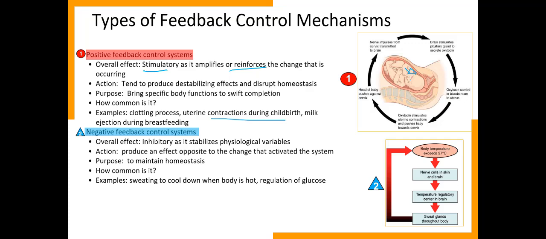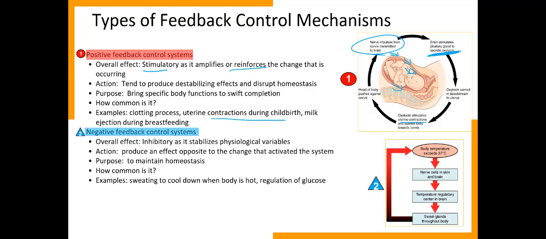As the baby's head moves down, it sends a signal to the brain from the cervix, and the brain then stimulates the posterior pituitary gland to secrete a hormone called oxytocin. Oxytocin travels through the blood to the uterus, and stimulates uterine contractions to occur faster and stronger. As it occurs faster and stronger, the baby is pushed out through the uterus.